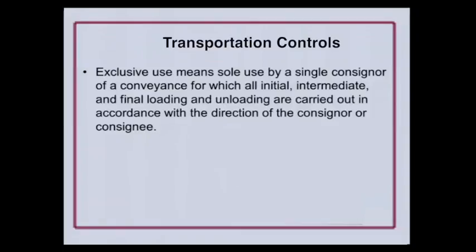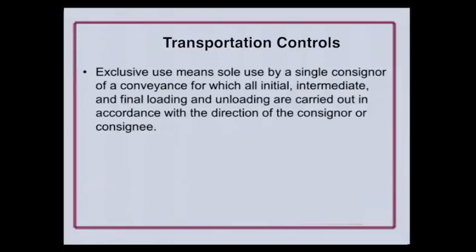Exclusive use, just as a reminder, is sole use by a single consignor of a conveyance, for which all initial, intermediate, and final loading and unloading are carried out in accordance with the direction of the consignor or consignee. Consignor is usually the shipper, the person sending the material. The conveyance is the truck, the ship, the aircraft, whatever means of transportation is chosen.